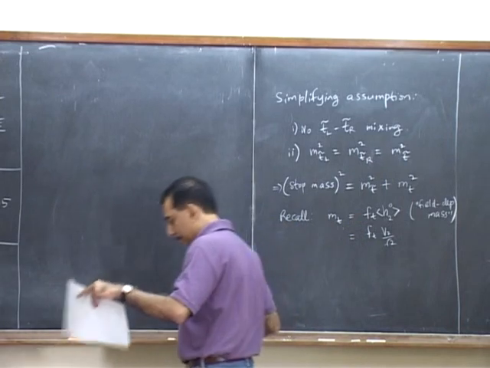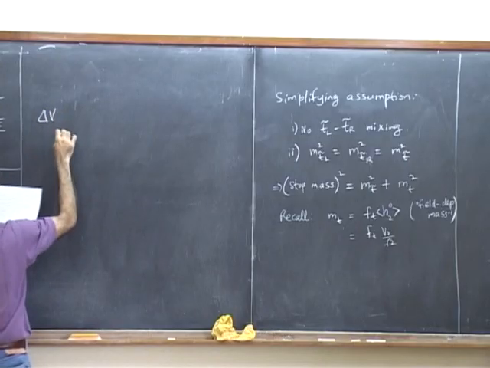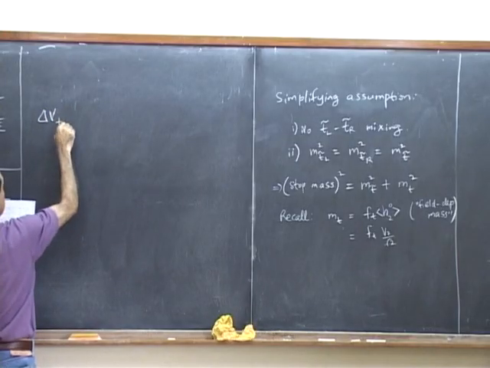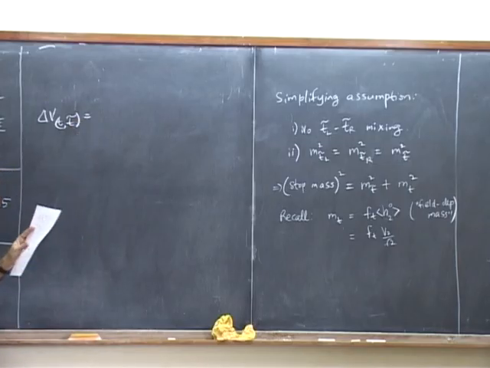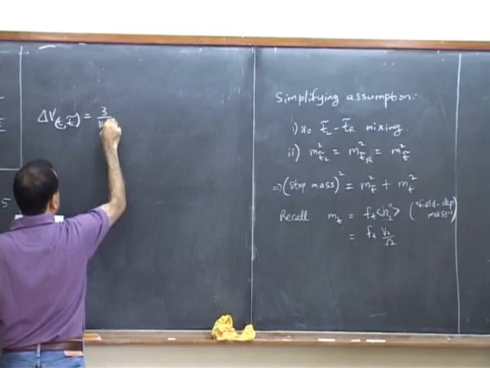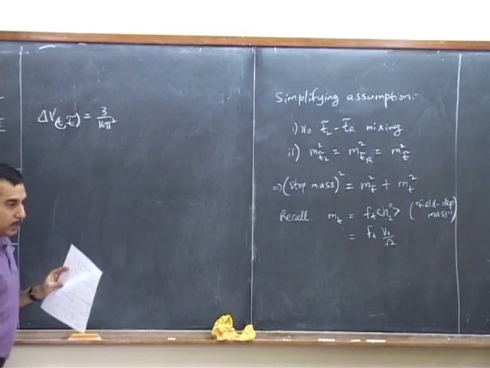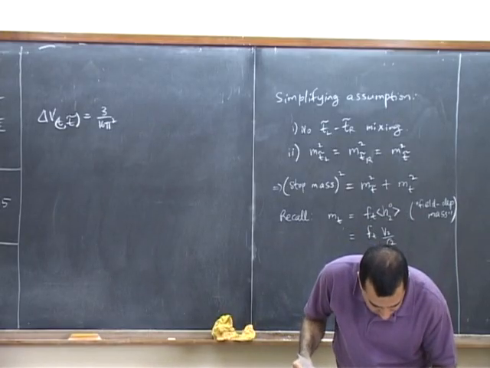Okay, so under all these assumptions, that formula becomes delta V due to contributions of the top and the stop. This is what this notation means. It is going to be 3 by 16 pi squared. I think I originally had 3 by 64 pi squared, which is the field theory computation.